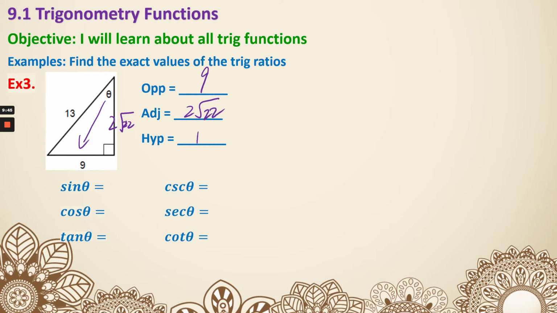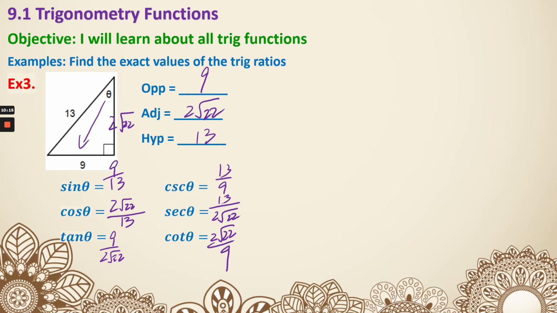And then hypotenuse is 13. Sine, SOH, so it's 9 over 13. CAH, so it's 2 square root of 22 over 13. Tangent is opposite over adjacent, so 9 over 2 square root of 22. Cosecant, flip it, so 13 over 9. Secant, flip it, 13 over 2 square root of 22. And cotangent, flip it, 2 square root of 22 over 9.